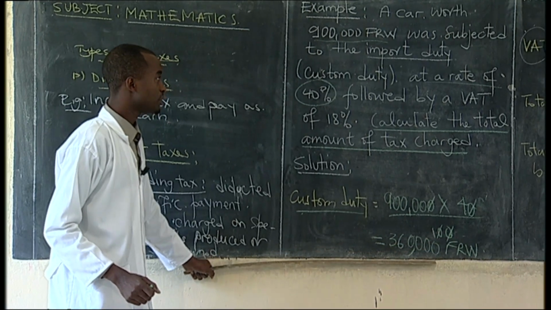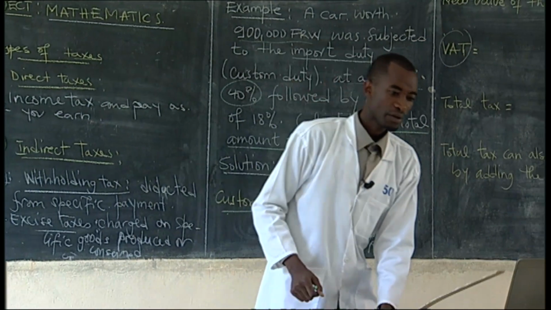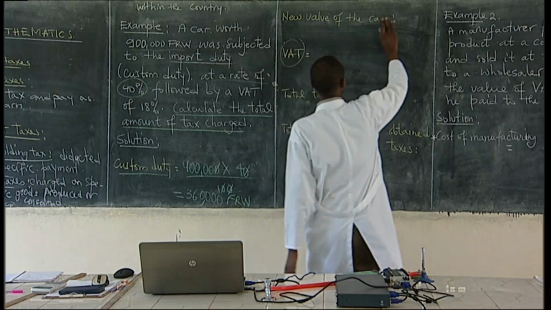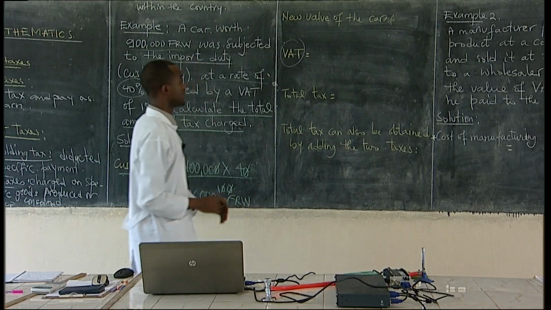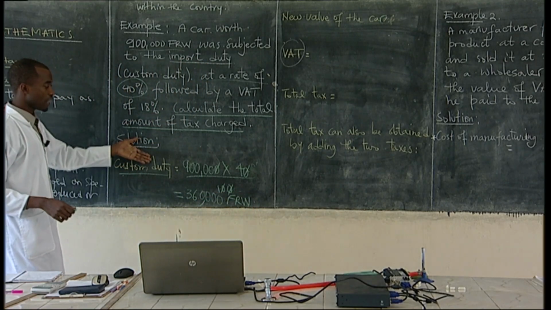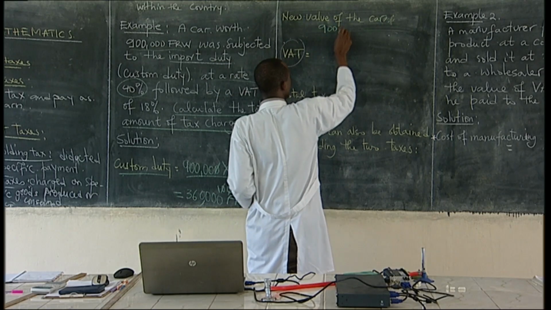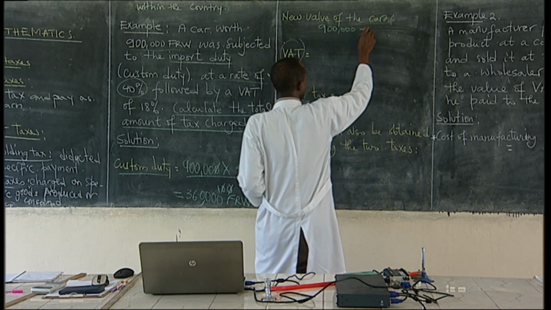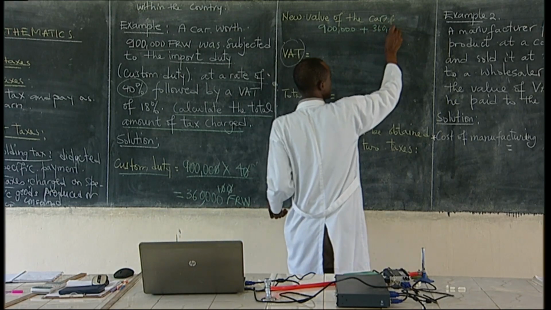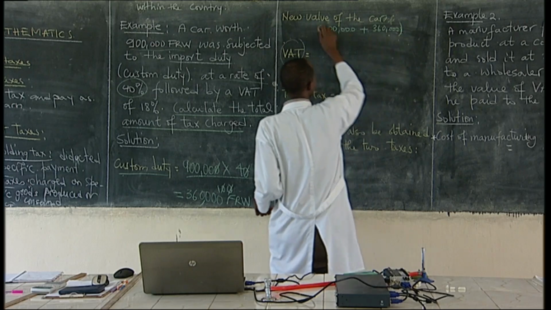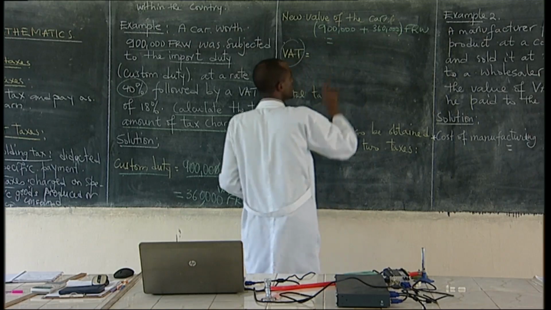From this custom duty, we need to also look at what you call the new value of the car. How do we get this? To get the new value of the car, we take the money that was there before, 900,000, and add this custom duty, 360,000 Rwanda francs, and we see what we get.